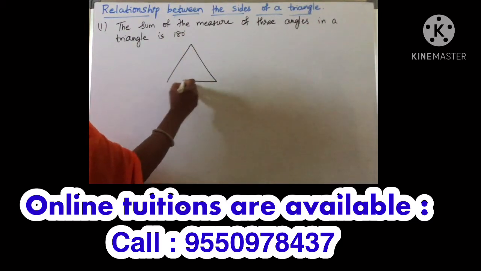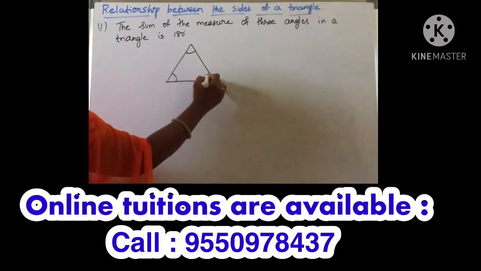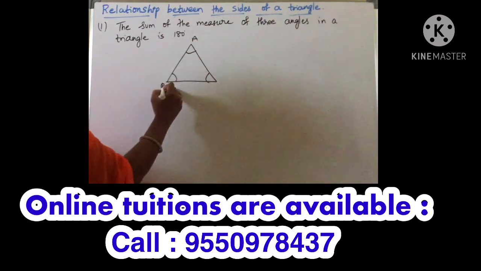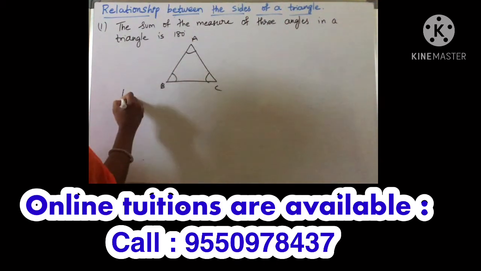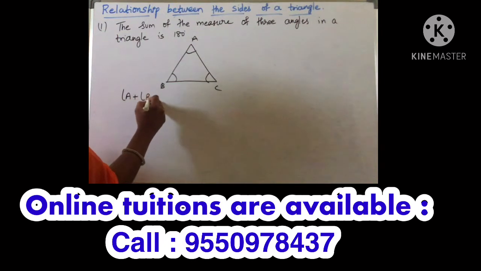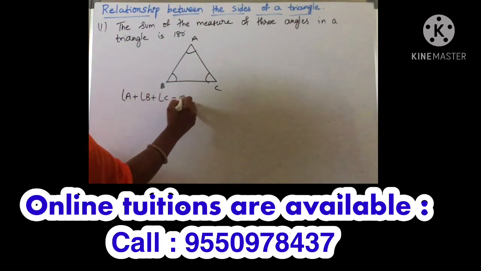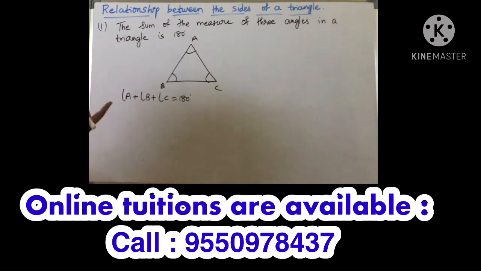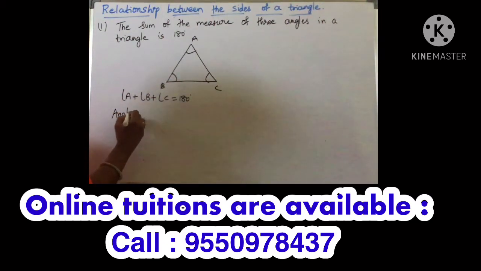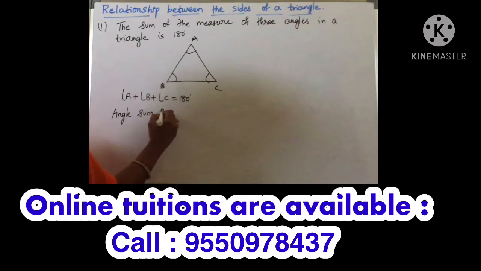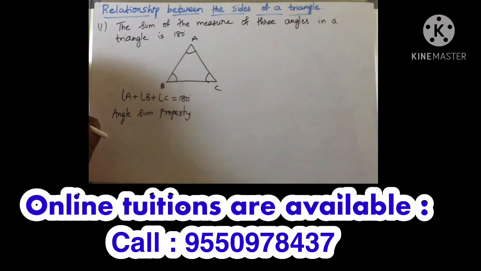Here the interior angles you can say. Suppose this is A, this is B and this is C. The angle A plus angle B plus angle C equal to 180. So the sum of the angles in a triangle is 180, and we can also call this property the angle sum property. So this property is based on angles, right?